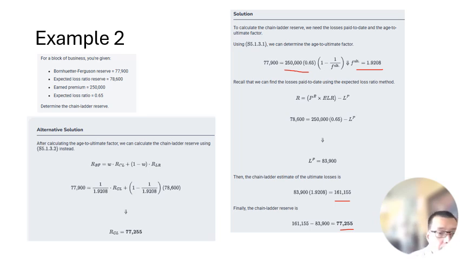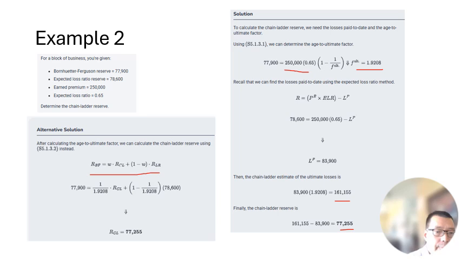Now, there is an alternative way to solve this. Since we know the BF method is the weighted reserve between the chain ladder method and the loss ratio reserve method, we just put in this formula and put in all the numbers.